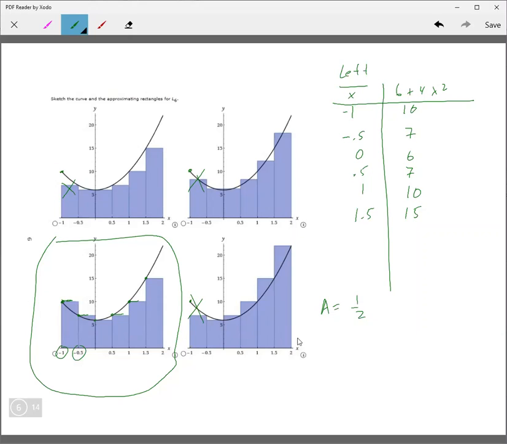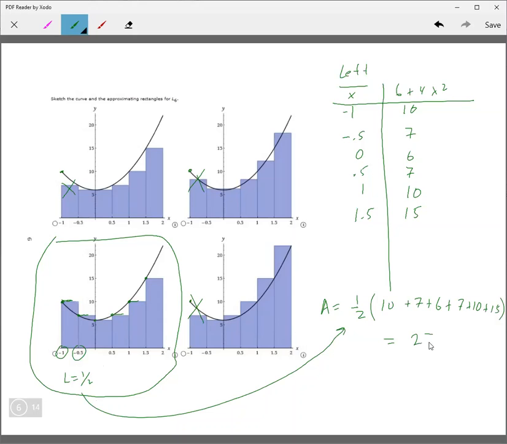Okay, so the area is going to be 1/2. Here the length is 1/2, so that goes right there. And then this first rectangle, the height is 10, the length is 1/2. So it's 1/2 times 10, that's going to be 5. And then the rest of them, like that.